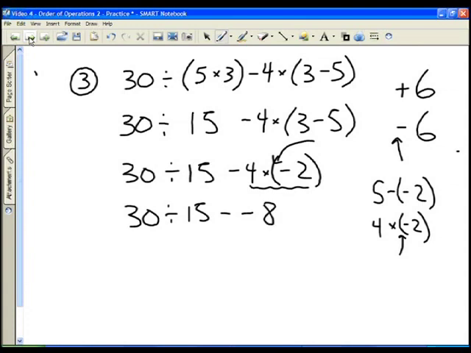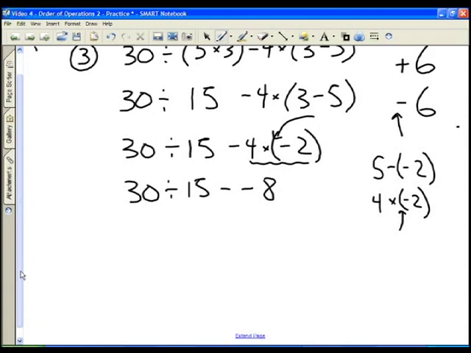And now I have the double negative trap because I have 4 times negative 2, so this gave me my negative 8, and this minus sign came from there. And so now I have 15 minus negative 8, and so again, to fix that, I need to put brackets there.